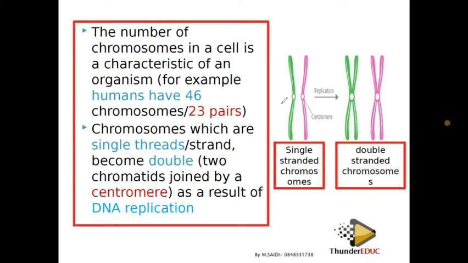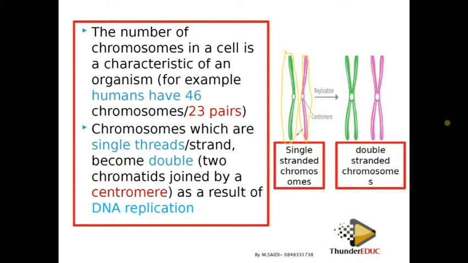This one has got a single chromosome, or a single thread rather. It has got a single thread and another single thread. So here, this is just one chromatid making this chromosome and one chromatid. So it's a single stranded chromosome.